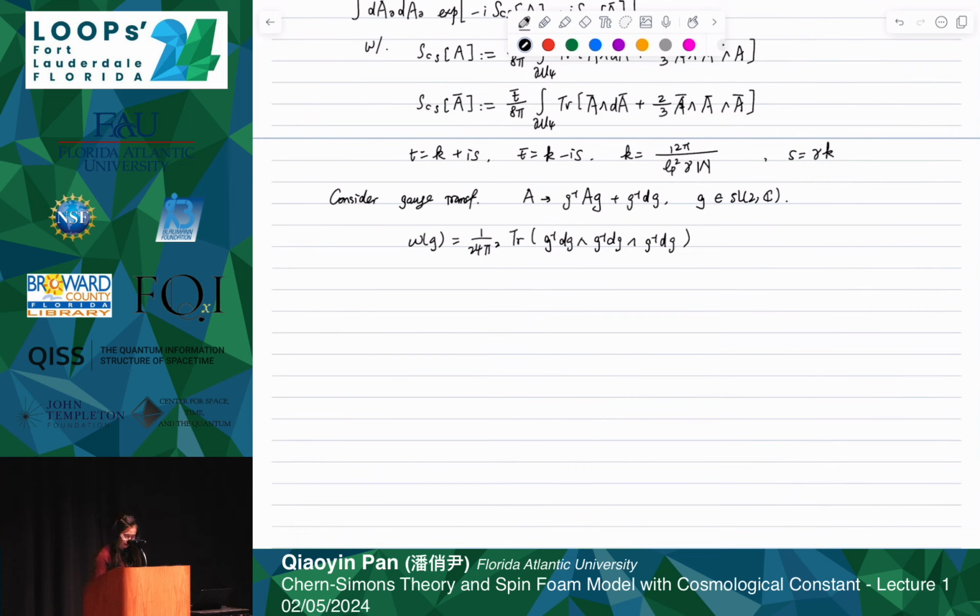And if I integrate this over a 3-manifold, this gives us an integer. And this integer is called the winding number. We get this for a 3-manifold, which is a closed manifold with no boundary.